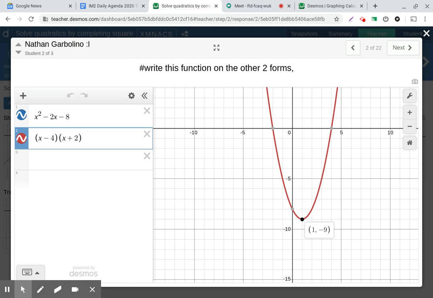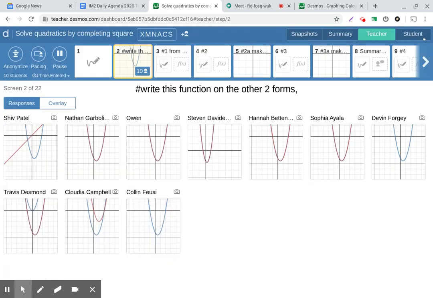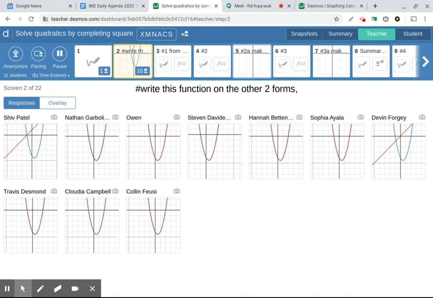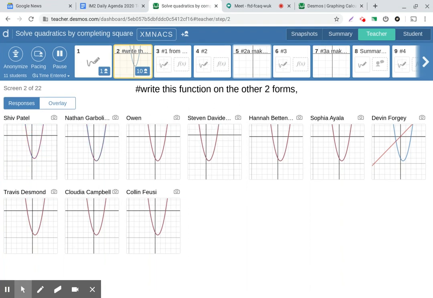So you need all three functions, okay? Let's see if I got all three.